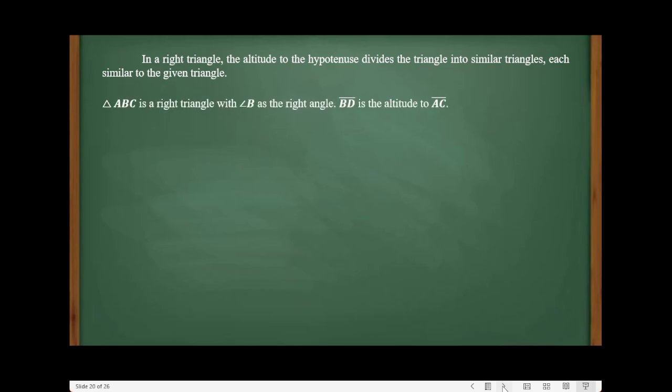So let's say we have triangle ABC, which is right angled at point B. And segment BT is the altitude to AC, which happens to be the hypotenuse of the right triangle. Take for instance this figure, triangle ABC, and this is the altitude drawn from point B to the hypotenuse segment AC.